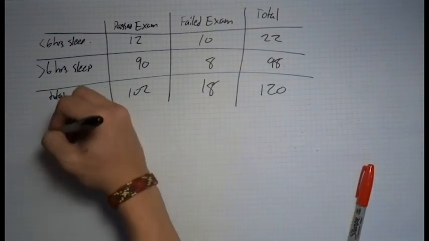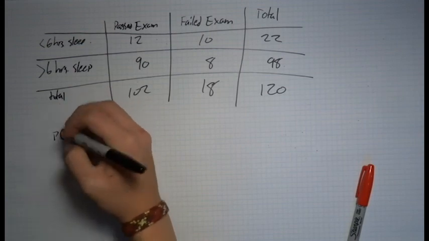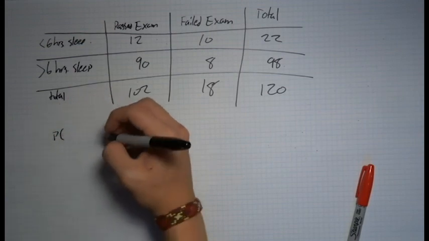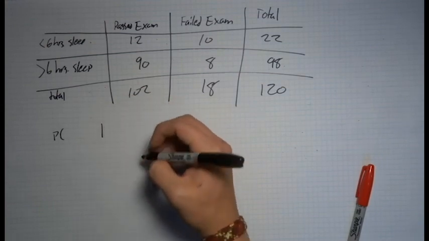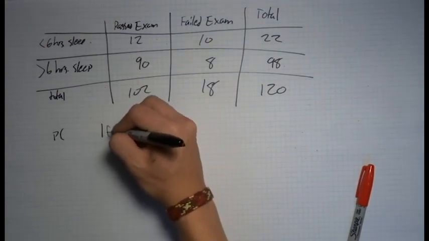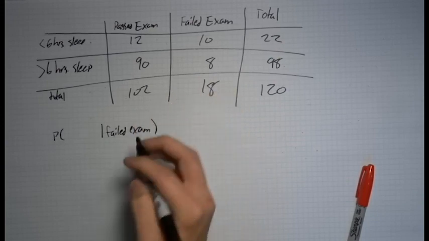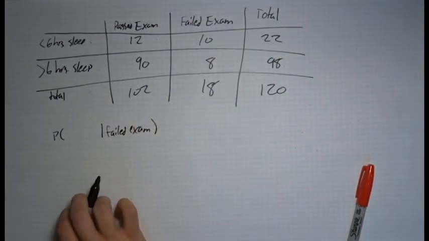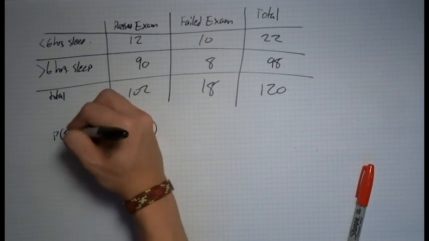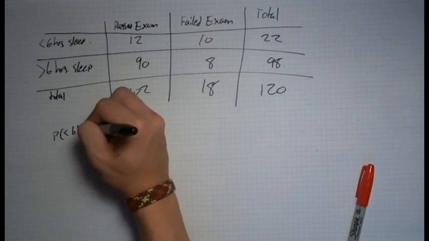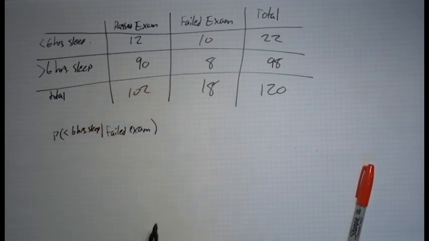So I'll write that. The probability of a student who failed the exam, the probability that they got less than 6 hours of sleep. This is the less than symbol, not the greater than symbol.